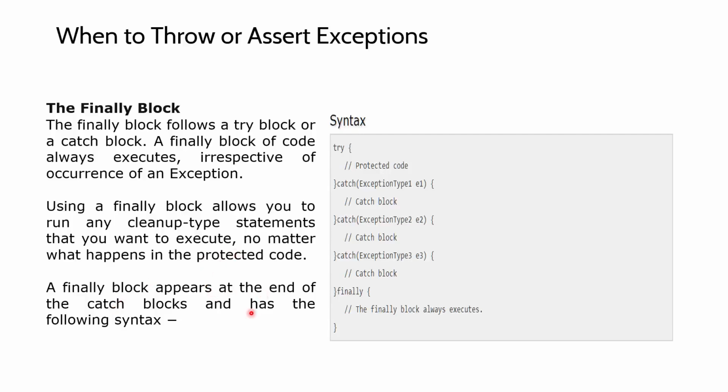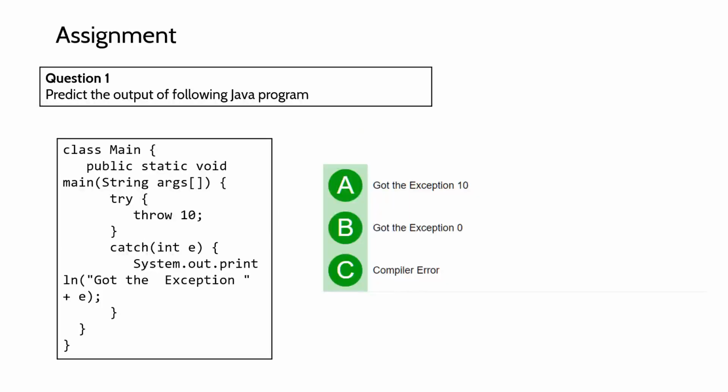The finally block appears at the end of the catch blocks and has the following syntax. If you use try catches, chances are the finally block is optional. There could be exceptions to that. So quite often your compiler or your IDE will alert you either with a warning or with an error if the finally block is required.